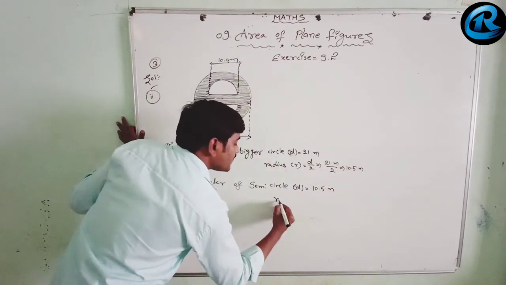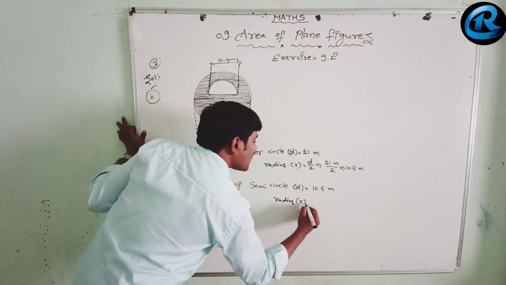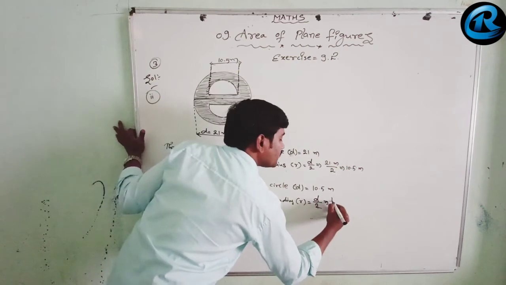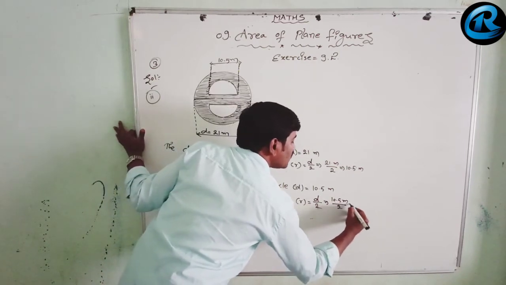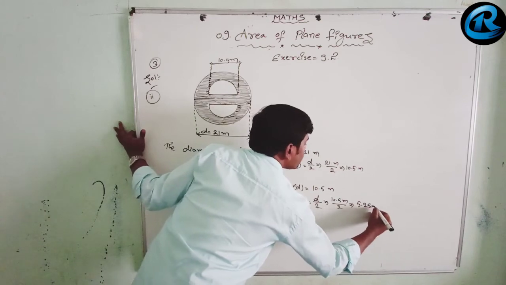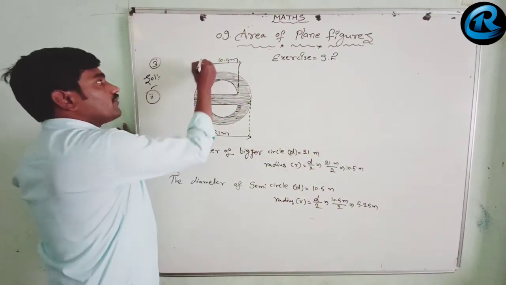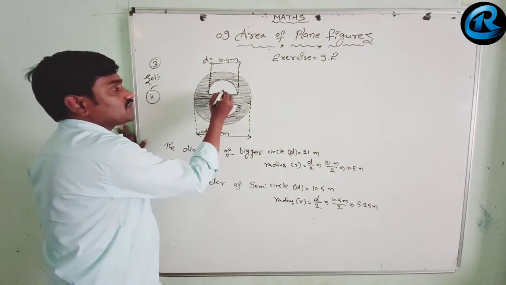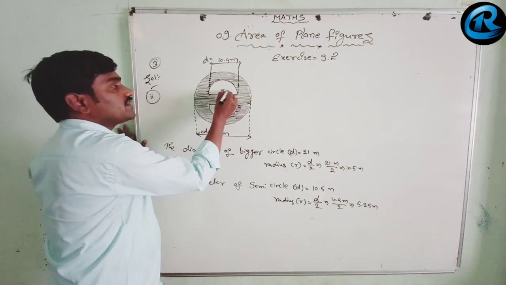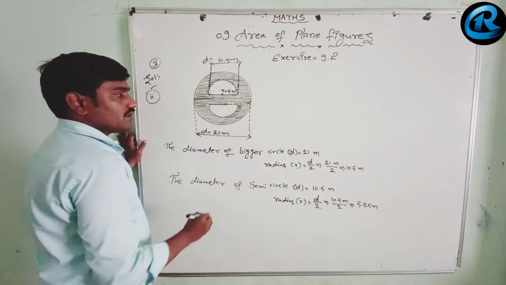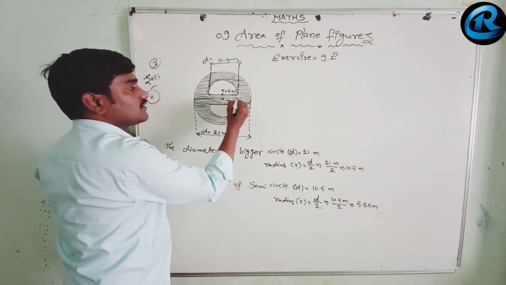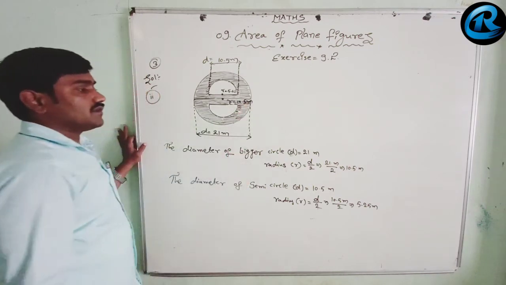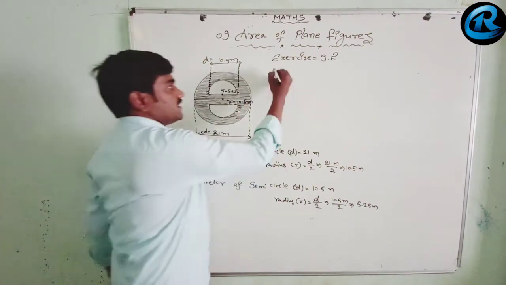Now the radius R equal to D by 2, half of the diameter, that equal to 10.5 meters by 2, that equal to 5.25 meters. So now we know the radius of the bigger circle and the radius of the two semicircles. The radius will be here 5.25, and this radius capital R equal to 10.5 meters.